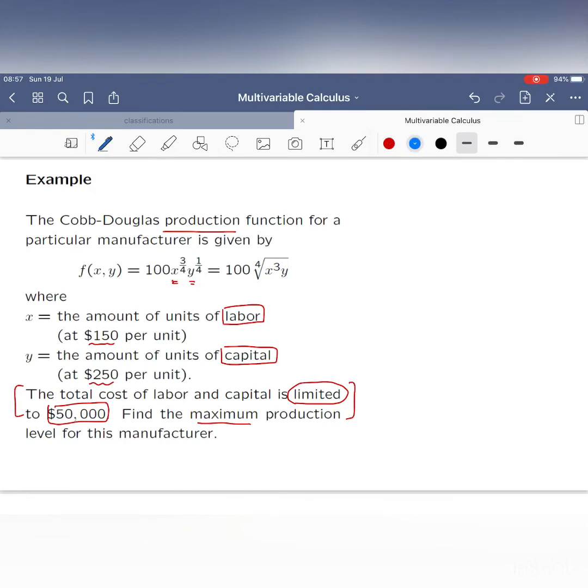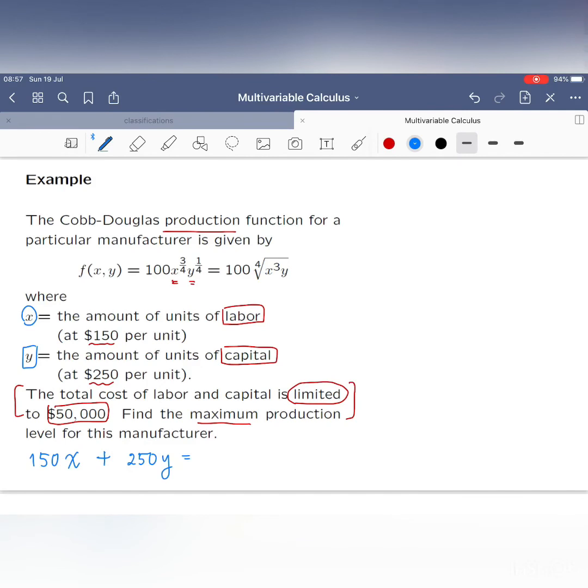So from here, it means that 150 is only 1 unit of labor, but you hire x units of labor, so you need to pay 150x. And also 250 is 1 unit of your capital, but you invest y units of capital, then you need to pay 250 multiplied by y, and added together.